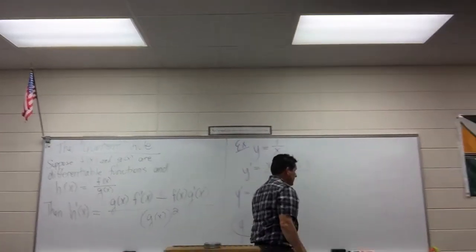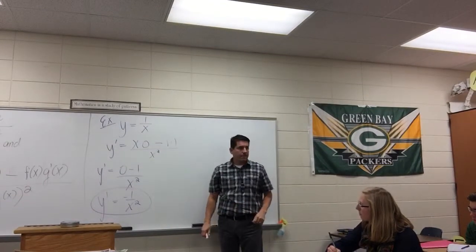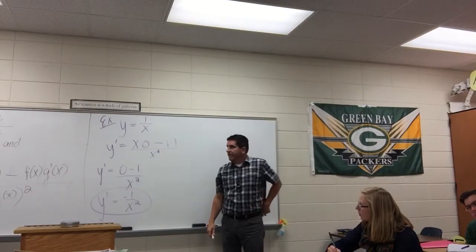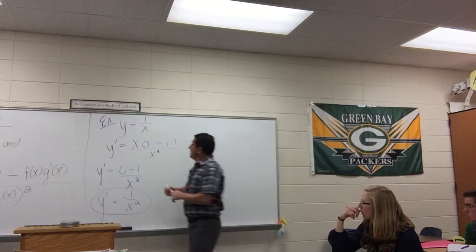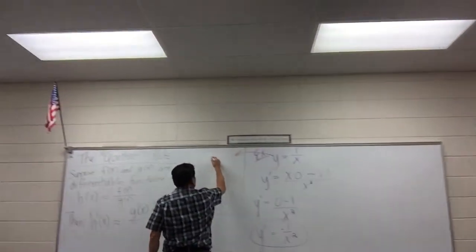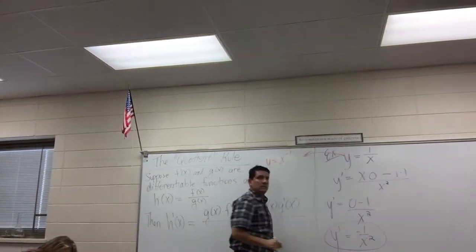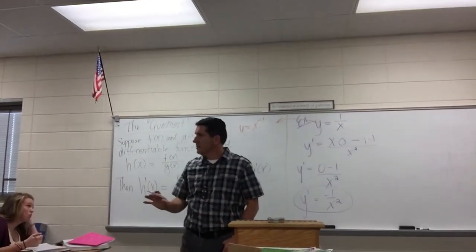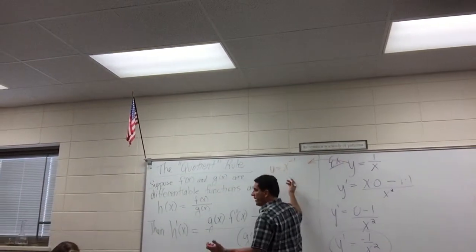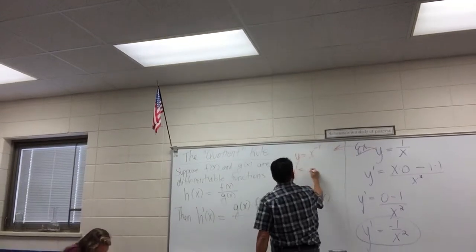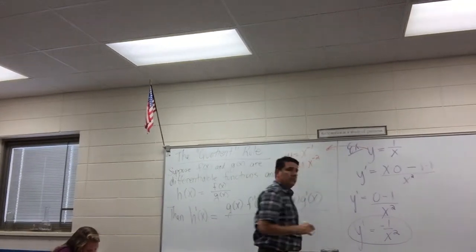Do we have any other way to prove that, to see if it matches? Can we manipulate this and test it? Sure. We know the power rule. This is y equals x to the negative 1. So I'm going to find the derivative using the old way that we know. y prime, negative 1 times x to the negative 2.